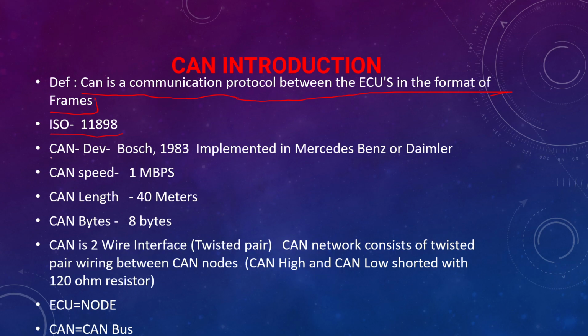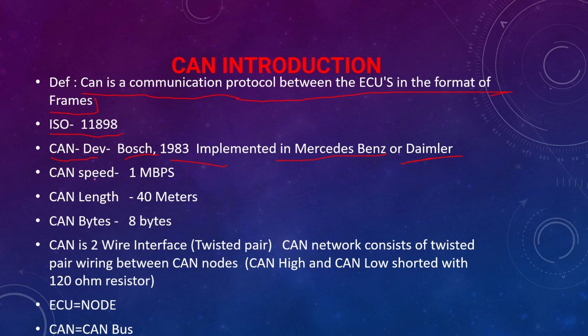Who developed CAN? Robert Bosch, in 1983, implemented it in Mercedes-Benz vehicles and heavy vehicles like lorries and buses. These are the types of vehicles where it was first used.